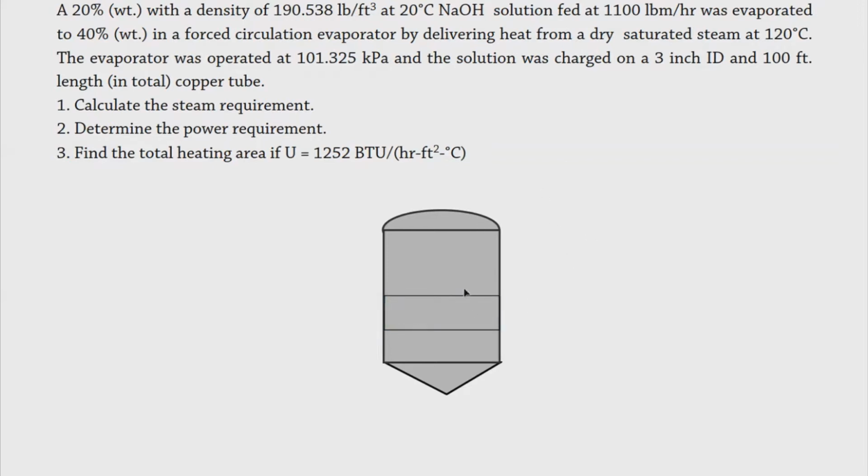So we're done with the figure, and now let's add all the necessary components. We have a feed, and we also have the liquor, right here, and the vapor that is being released. Finally we have the steam.